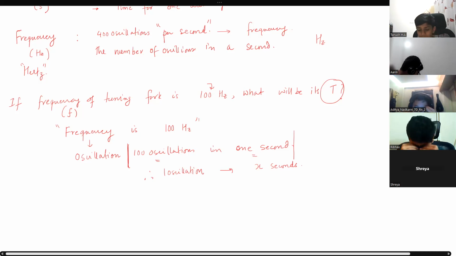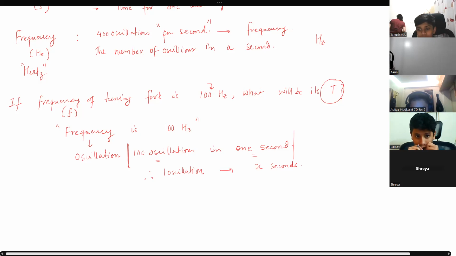Anand does 5 claps every second. What is the time taken for one clap? Okay, Anand is able to do 2 claps in 1 second. In 1 second, you are able to do 2 claps.